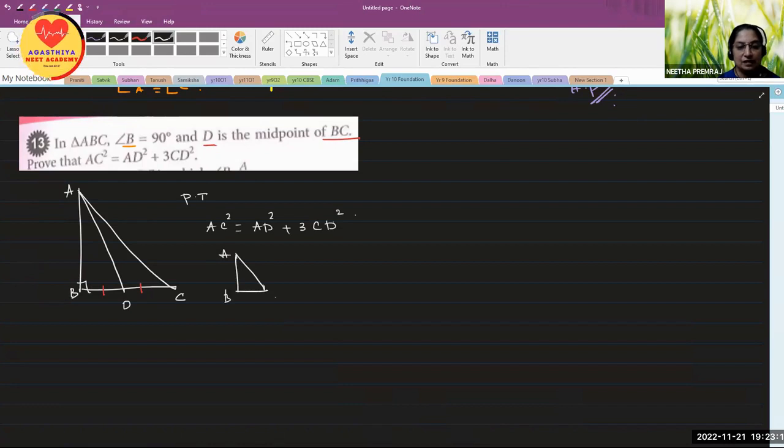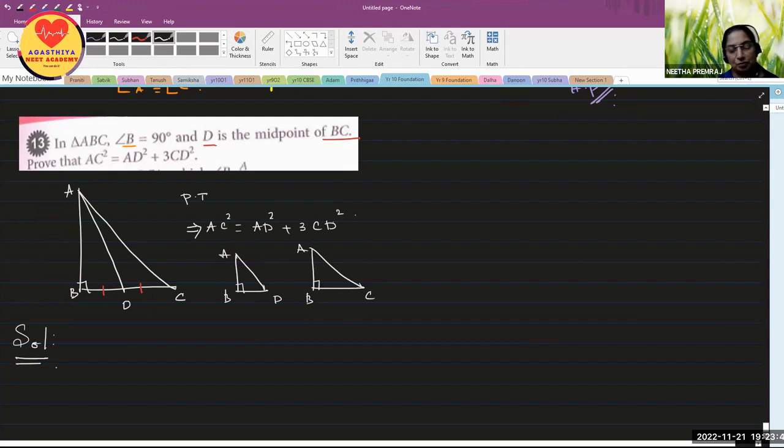The other one is ABC. You just apply Pythagoras concept and prove this. Try yourself. If you don't get it, I'll tell you. Yes, start. I'm also writing. Let's check whether you could prove it or not. I do it in my notebook.